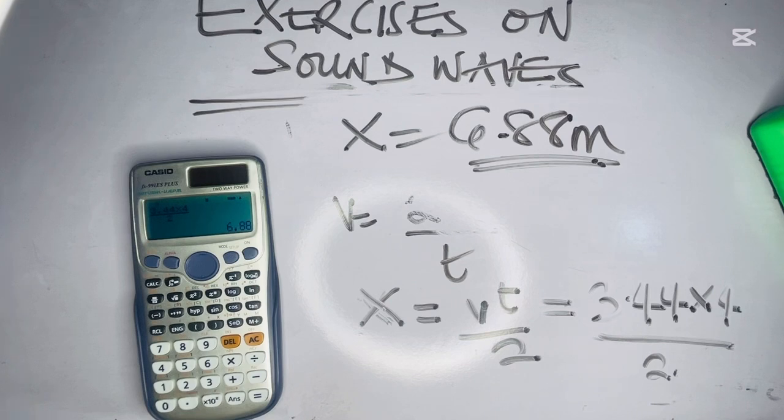Okay, let's look at another question. A police siren has a frequency of 800 hertz.